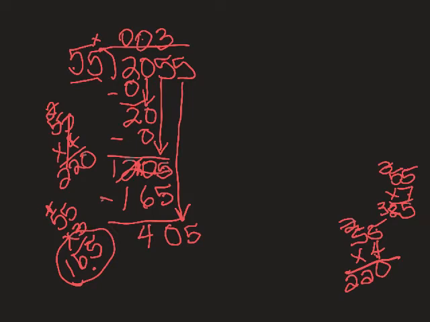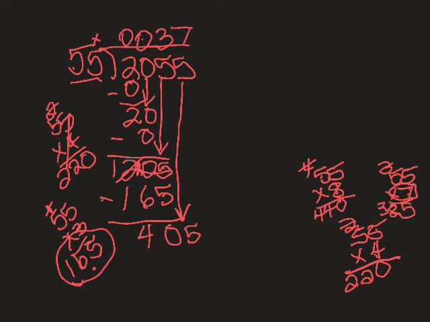Well, we're getting closer. 385 is probably the closest we're going to get, but I need to check the 8 to see if we can get closer. So let's see. 8 times 5 is 40. Carry my 4. 8 times 5 is 40 plus that 4 is 44. Okay, 440 is too big, so we're going to go with the 7.